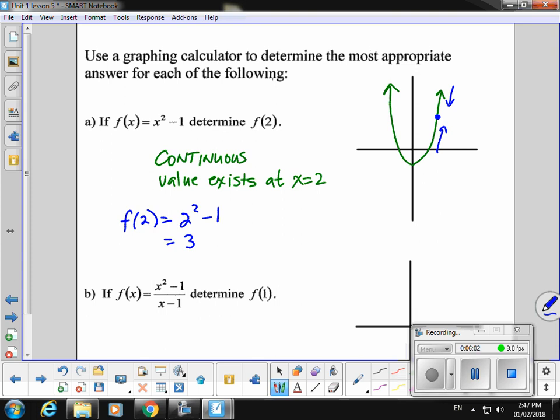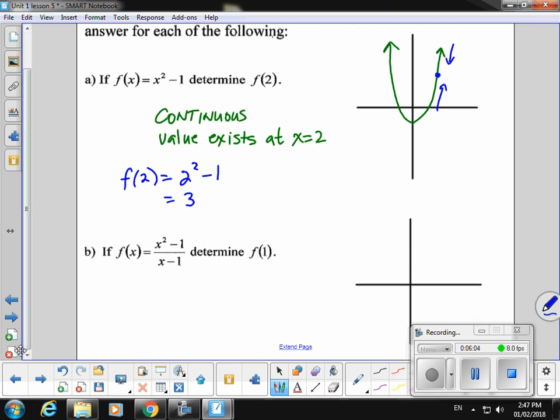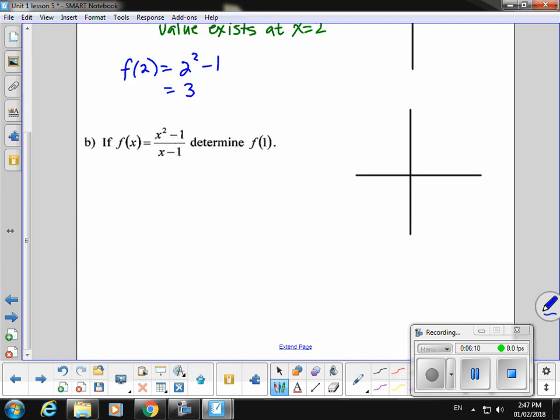For the next one, I have f at x equals x squared minus 1 over x minus 1. I know that I have a problem, either an asymptote or a hole. To determine which, I see if the bottom is divisible into the top.